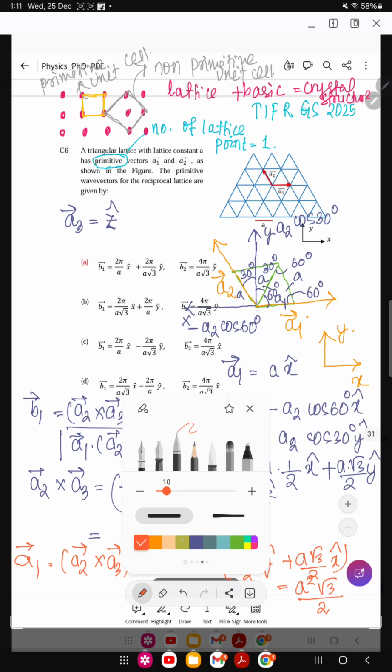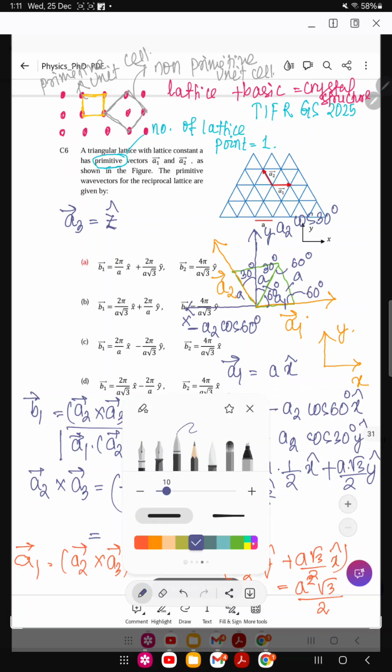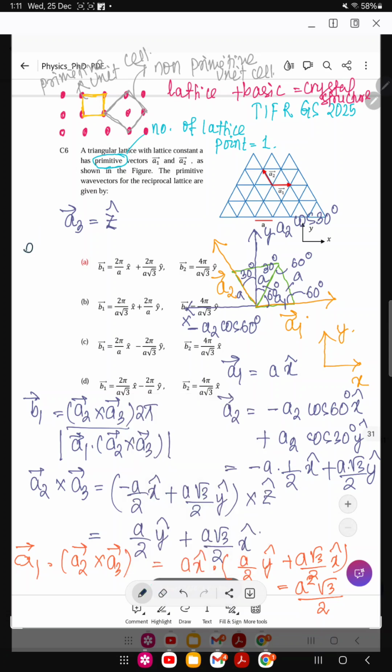On putting this value in b1, b1 will be 2 pi times a2 cross a3, a by 2 y cap plus a root 3 by 2 x cap, divided by a squared root 3 by 2.